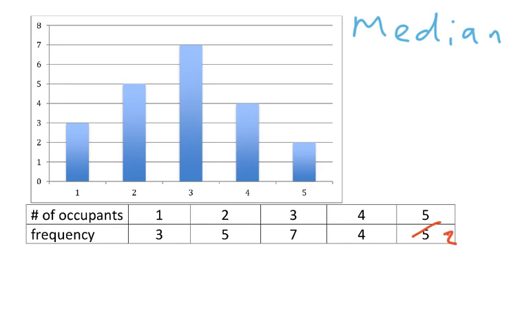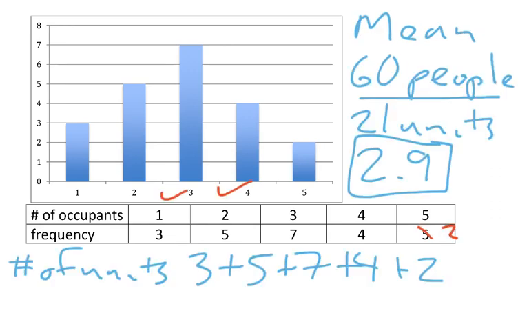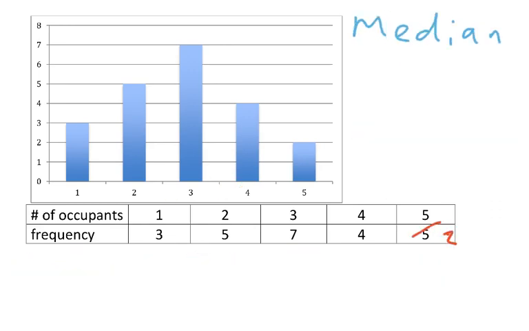Now, if we go back just for half a second, you may remember that I had 21 units. That's the number of units that I'm looking at. That's the number of data entries that I have. There's a formula we learned in this section that if you want to find the middle position of a list of data, you look for position number n plus 1 over 2.